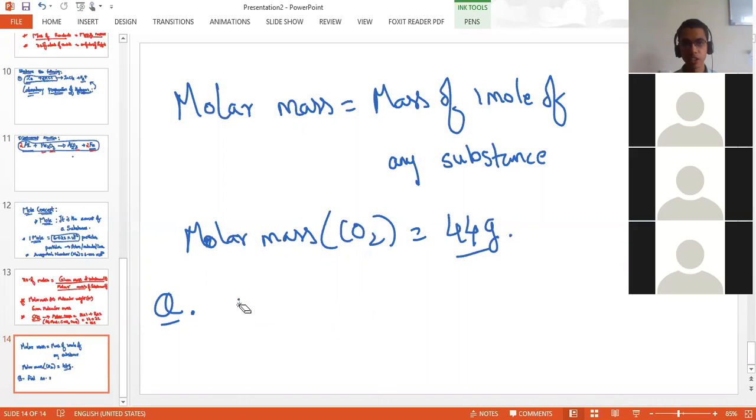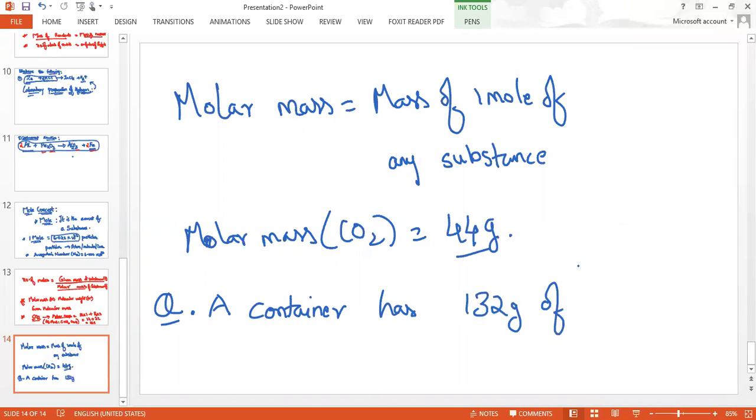I'll write the question. A container has 132 gram of dry ice, which is carbon dioxide only.